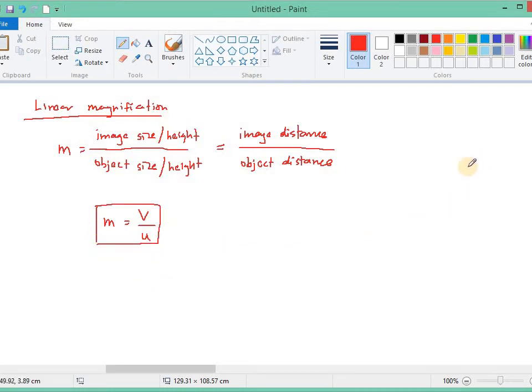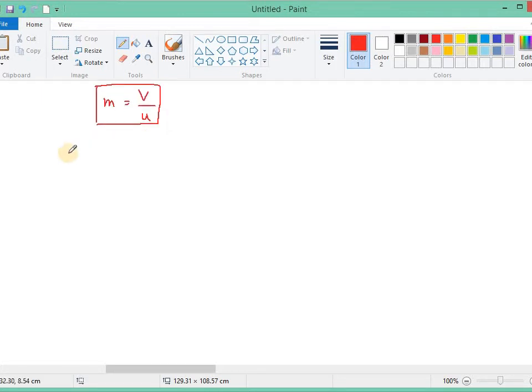Okay, so another thing that we need to learn regarding formula that have something to do with lens is the power of lens. So how do we calculate the power of lens? If the lens can bend the light more, then that means it is more powerful. So for example, we have this lens and this lens.